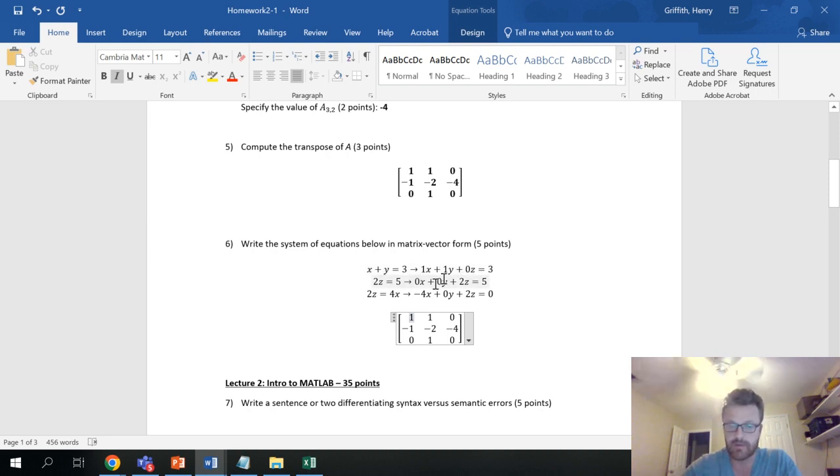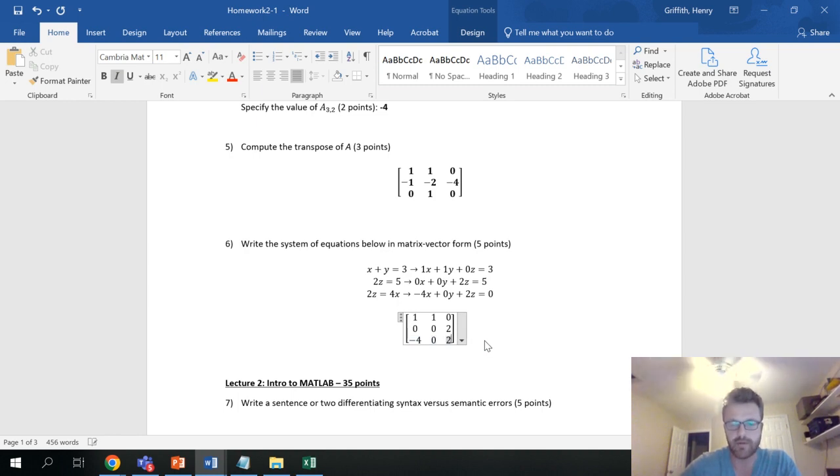The second row, 0, 0, 2, corresponds to the second equation. I wish my printer was working now. That's why I'm having to do this. So 0, 0, 2. And then the third equation, minus 4, 0, 2, corresponds to the third row. So minus 4, 0, 2.